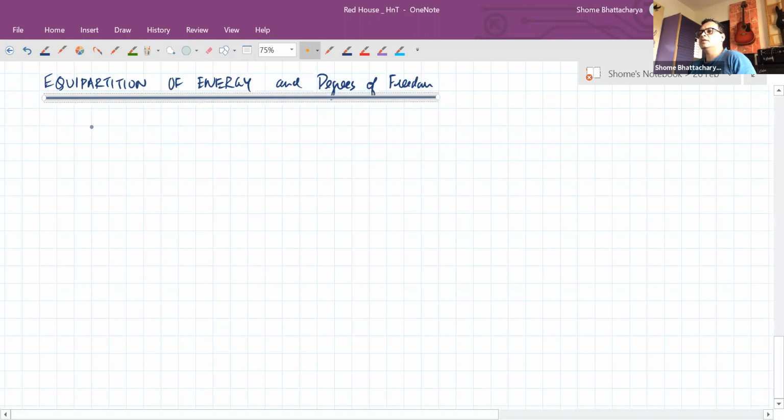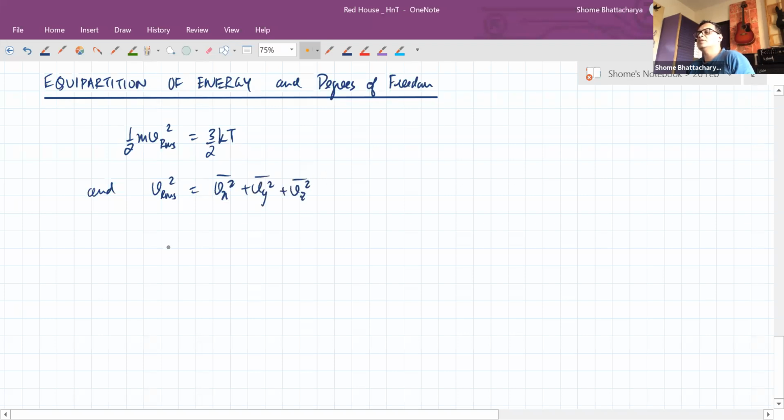So we have already seen that half m v RMS square is 3 by 2 kT for any ideal gas. Okay. And we also know that V RMS square is Vx squared average plus Vy squared average plus Vz squared average, and Vx squared average is equal to Vy squared average is equal to Vz squared average, which is equal to V RMS square by 3 from the concept of Brownian motion.